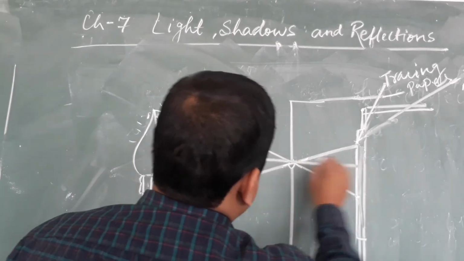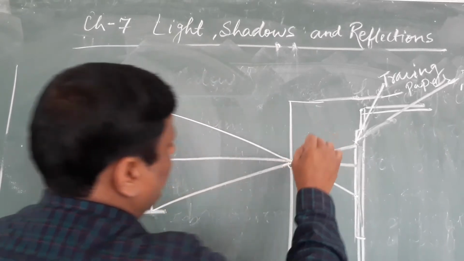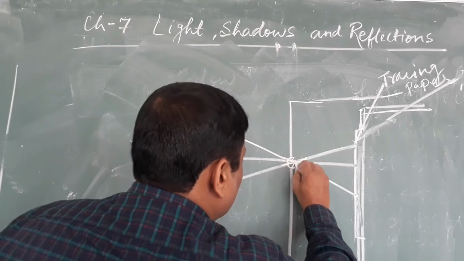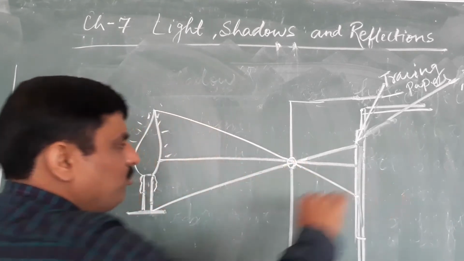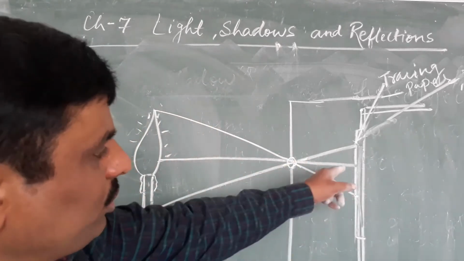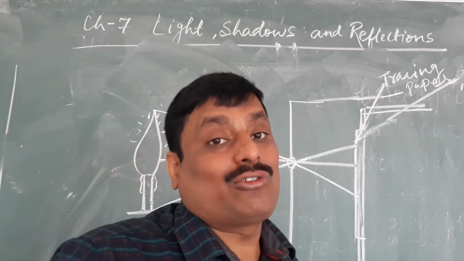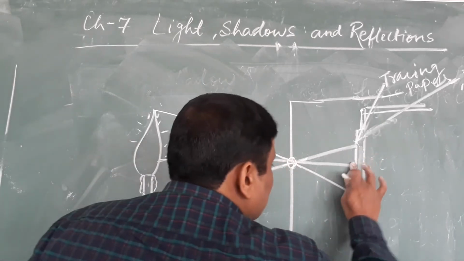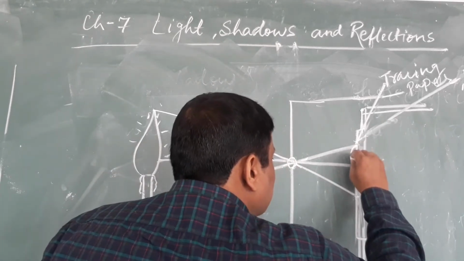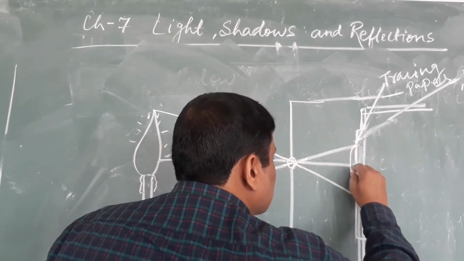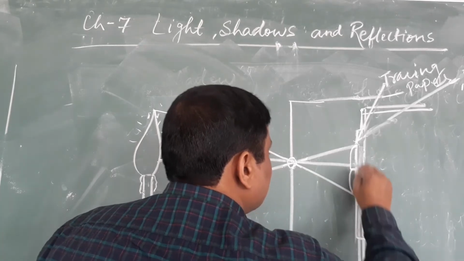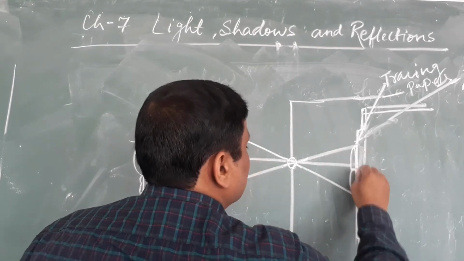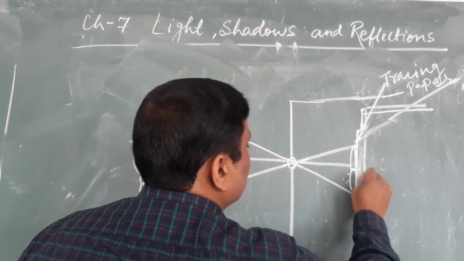A ray of light always travels in a straight path. When you make a hole here, the ray of light passing through this hole produces an image of that source of light. Here I have taken one candle, so the image of the candle will form, which is inverted. You just see, inverted burning candle.